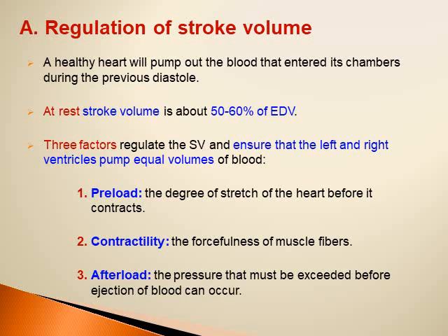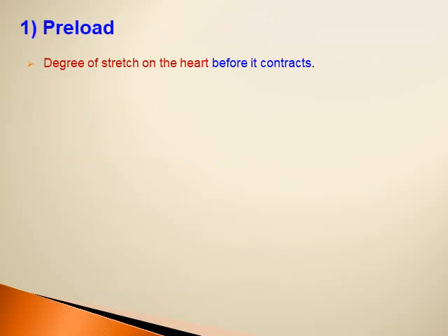So the afterload of the left ventricle is the pressure in the aorta. The afterload to the right ventricle is the pressure in the pulmonary trunk at the beginning of the ventricular systole. Let's talk about each factor separately.